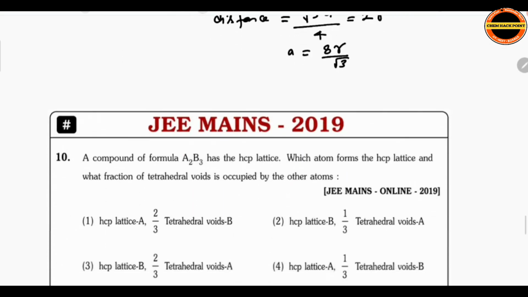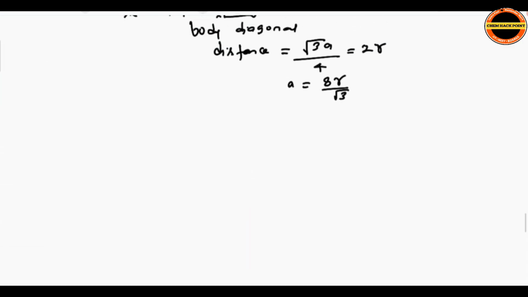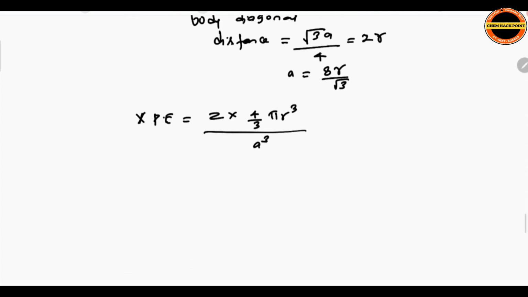Now we need to find the packing efficiency. Packing efficiency is equal to Z into the volume of an atom, 4 by 3 pi r cube, divided by a cube. Here Z is 8, 4 by 3 pi r cube, and a is 8r by root 3, whole cube.